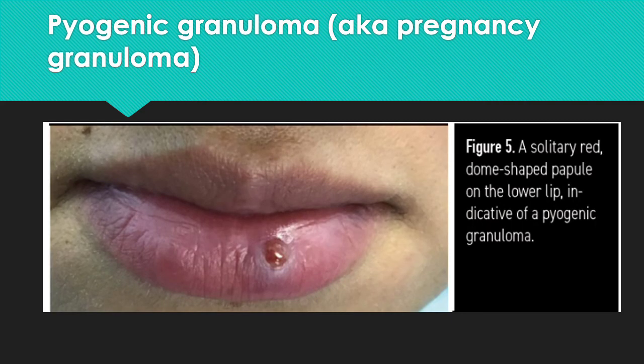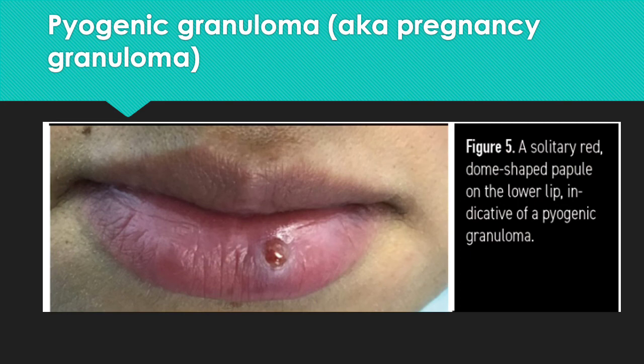With this last rash, which is pyogenic granuloma, this is something that can present in pregnancy. It can also be called pregnancy granuloma. It's usually actually a vascular lesion that is made up of multiple capillary hemangiomas, and it's associated with when someone's pregnant and they start to have increasing levels of the hormone, they're more likely to develop this.